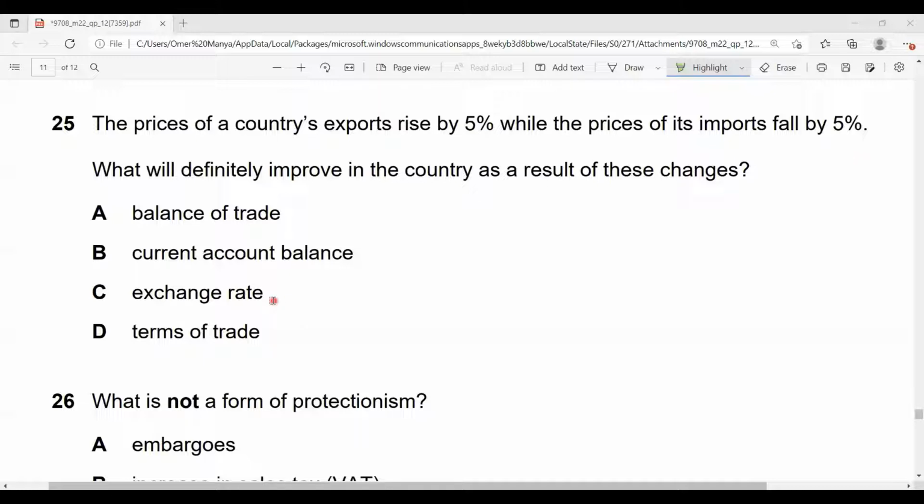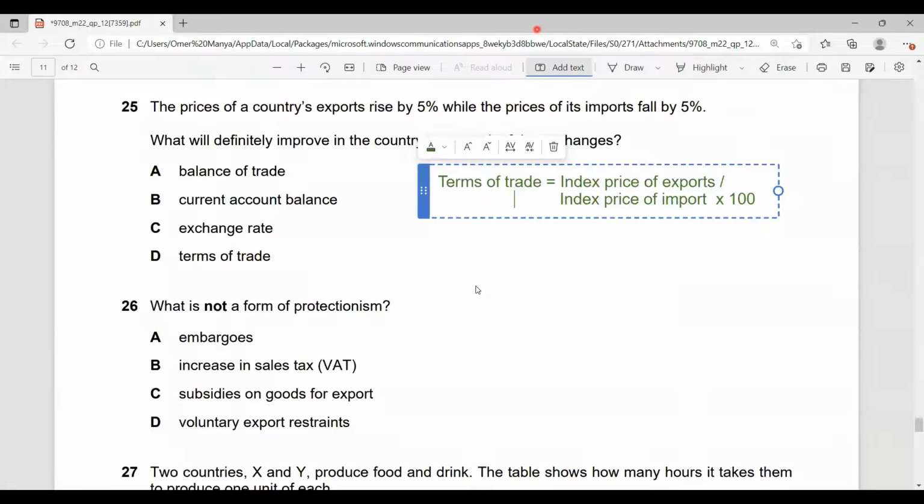Similarly, with the exchange rate, there are a lot of factors that can alter or affect the exchange rate, including demand for exports, including the amount of protectionism, and so on. So just because prices are changing for exports and imports, we can't for certain say that the exchange rate will improve because of these things.